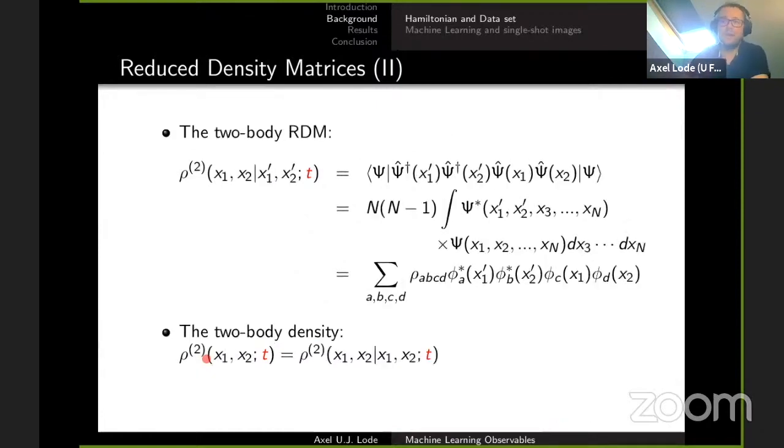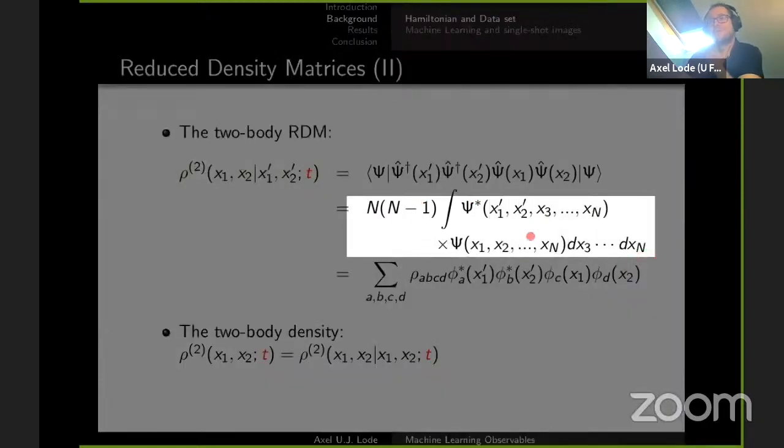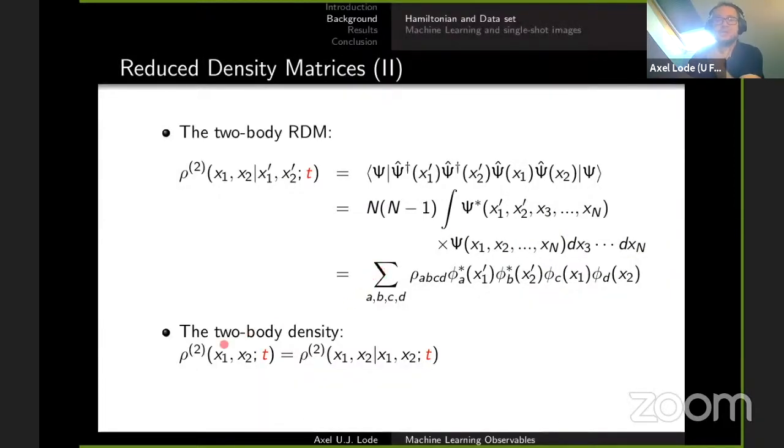Similarly, we will also discuss a two-body density matrix, which is a trace of a larger number of field operators. It can be written in position space representation like this, or in a basis. And the diagonal of the two-body reduced density matrix is the two-body density.